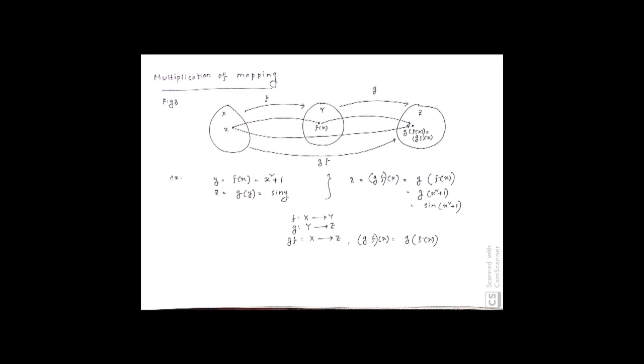In this fashion, if this function f takes small x from that set capital X to the element f of x in capital Y, and if the function g takes this element f of x in capital Y to an element in Z, which is nothing but g of f of x, then the composite function or the multiplied function takes this small x from capital X to this element in the set capital Z, and this element can also be written as gf of x.